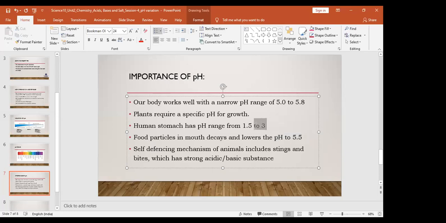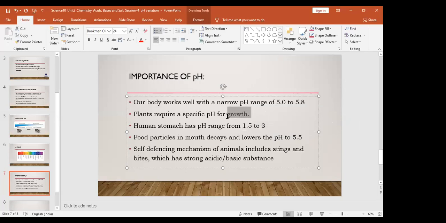When it comes to acidity of the human stomach, the consumption of an antacid like milk of magnesia helps us to neutralize the acidity in the stomach, thereby making it a comfortable or soothing experience.